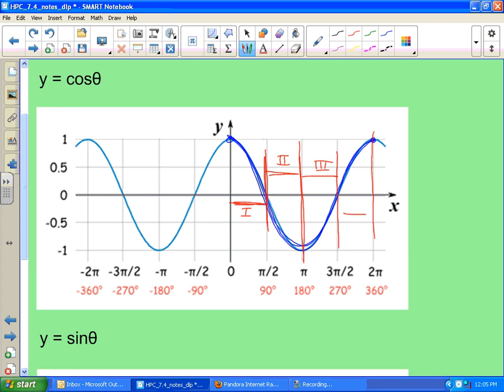Quadrant number 4. So we can see the values of, in this case, x, as I move along my unit circle in the different quadrants. X is equal to 1 at y equals 0. There it is. At 90 degrees, cosine is 0. At 180, cosine is negative 1. And then so on through our curve.